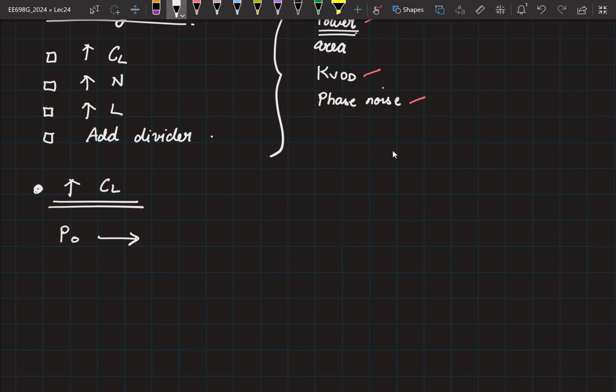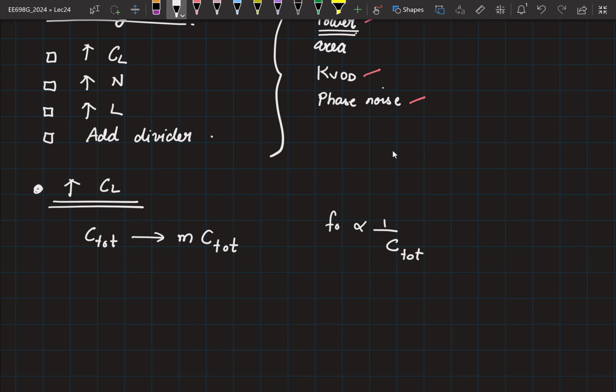So what is M times? Your C total has to increase by M times. Why? F0 is proportional to 1 by TD, and TD is proportional to C. Right?